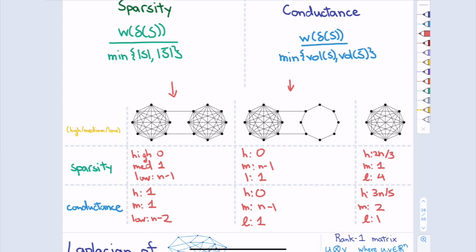Yeah, so I should say that the sparsity of a graph is defined as the minimum sparsity over all cuts. And the conductance of a graph is defined as the minimum conductance over all the cuts. So it is true that if you just pick off the one on the side, yeah. And from a divide and conquer standpoint, you are going to look for the best way to split it in half, right?